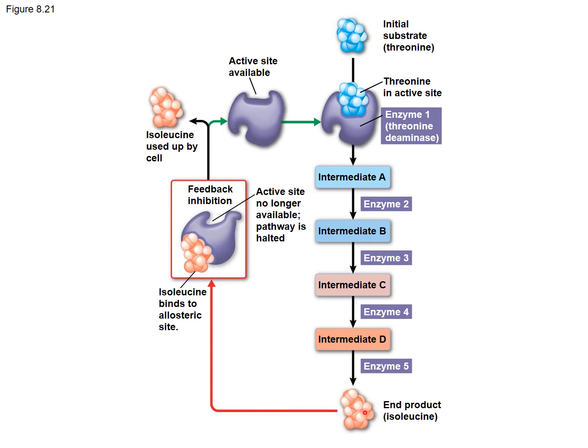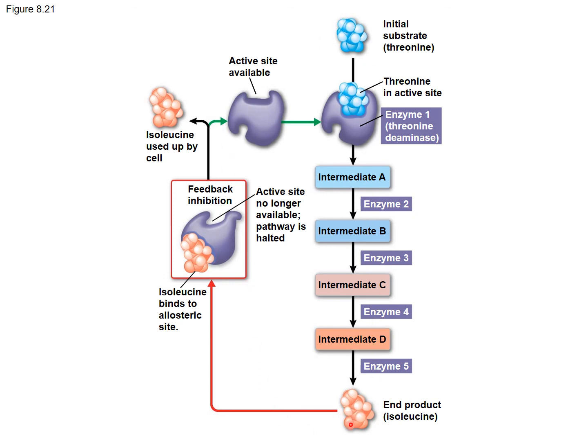So now isoleucine is going to start to decrease in concentration, and then it's going to be used up by the cell to produce proteins. So then it's no longer going to be present in a high enough concentration to be able to bind to this enzyme. So when it doesn't bind, the enzyme is active again to produce more isoleucine. So you can see it's a cycle, right?